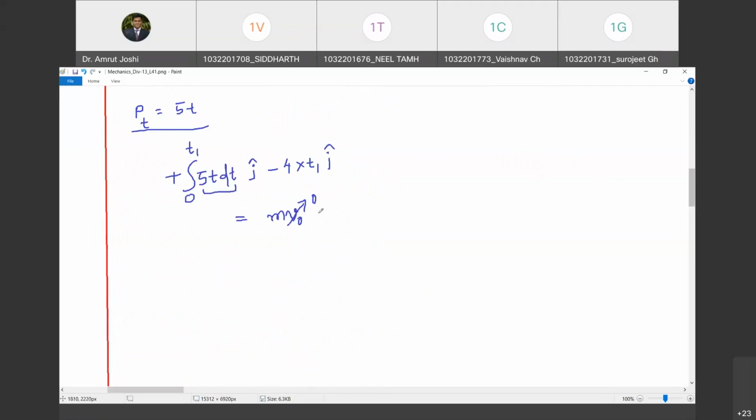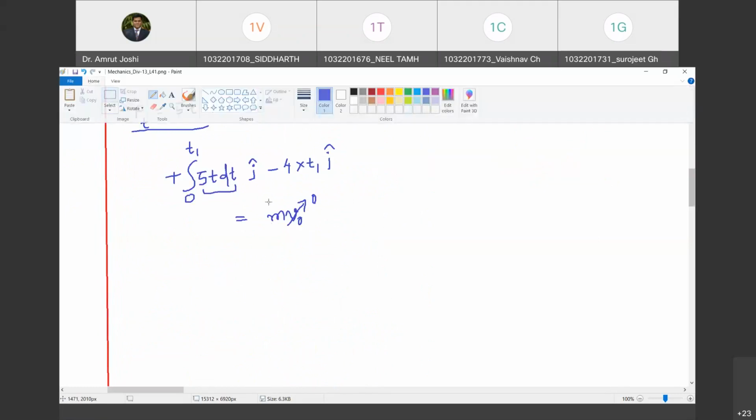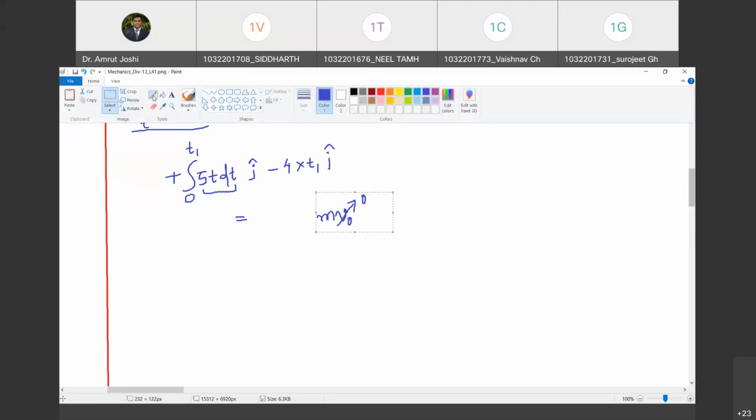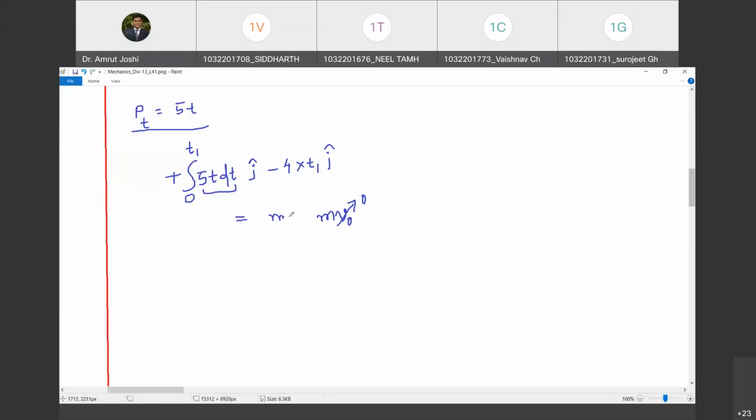So therefore, m v at t1 minus m v0 is the change in momentum, but this also is 0. So therefore, we get the right hand side equal to 0. Agree with me? Yes, sir.